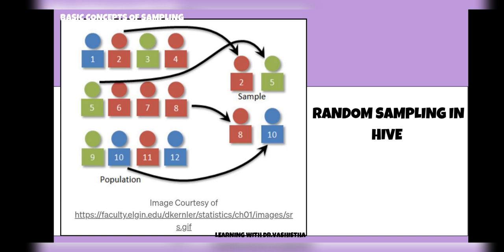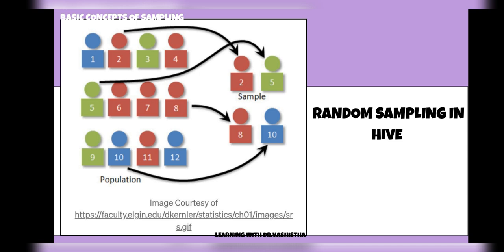So here in this picture, random sampling is explained. The people or elements are numbered so as to make you understand in a better manner. When we are collecting the sample, we have taken one person from the first row, number 2, and then another person from the second row, number 5.